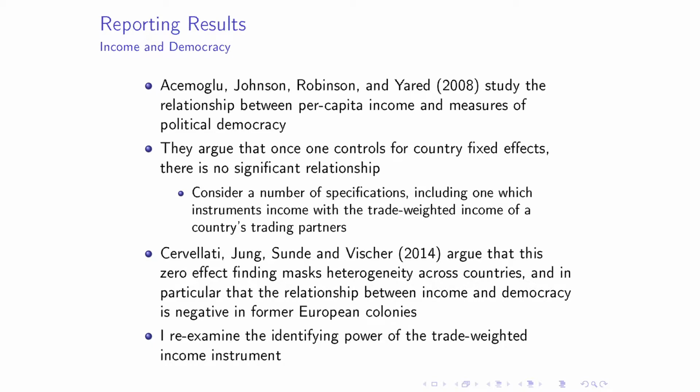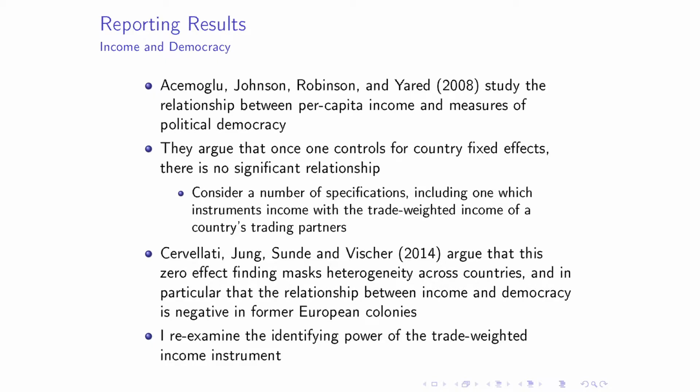They consider a number of different specifications, including one which instruments per capita income using the trade-weighted income of a country's trading partners. Cervellati, Jung, Sunde, and Vischer argue that this zero-effect finding hides considerable heterogeneity across countries, and in particular that the relationship between income and democracy is negative in former European colonies.